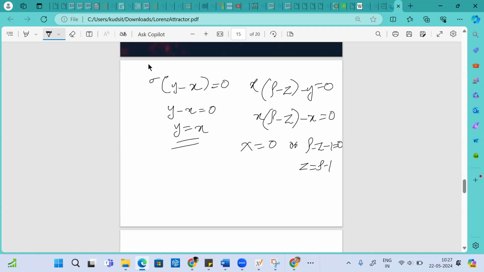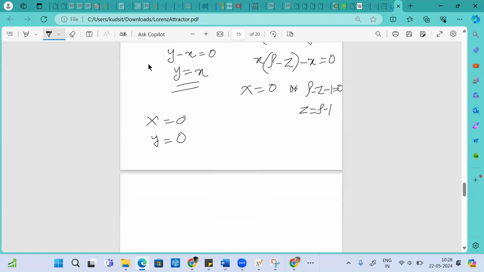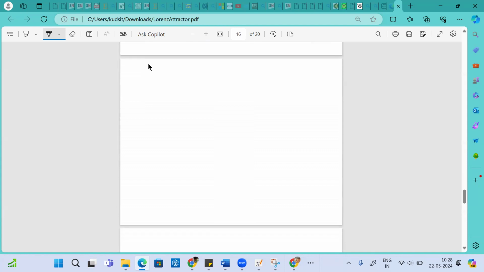So we have to consider the first case, x equal to 0. We know y equal to x, then y would also be equal to 0. Then substituting x equal to 0 and y equal to 0 into the third equation, the third equation would be xy minus beta z is equal to 0.